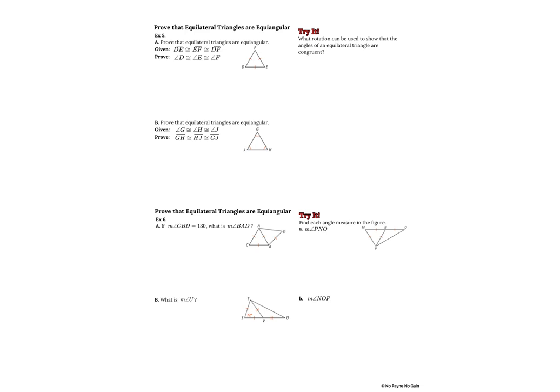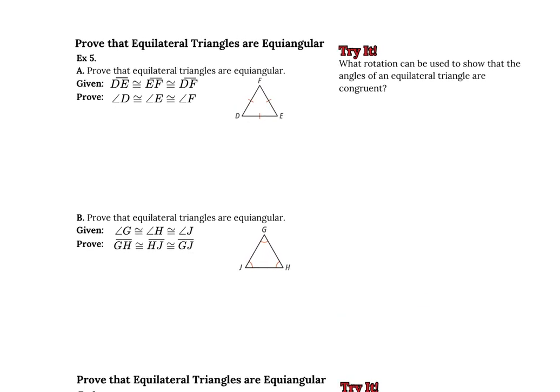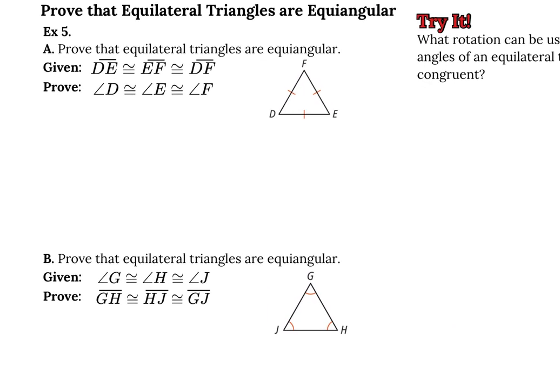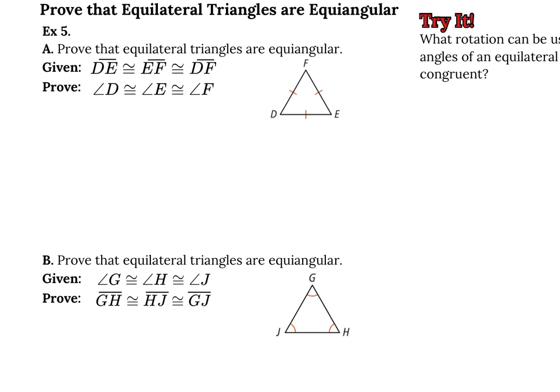All right, next we're going to prove that equilateral triangles are equiangular. So we want to prove that angle D is congruent to angle E is congruent to angle F. We are given that side DE is congruent to EF and DF.